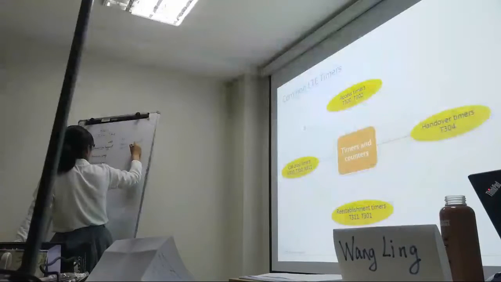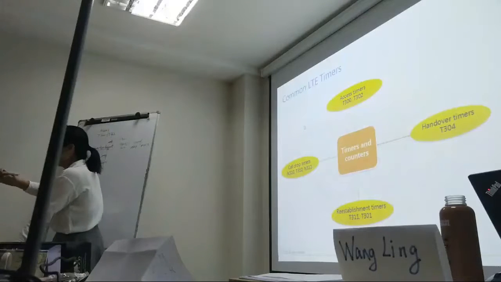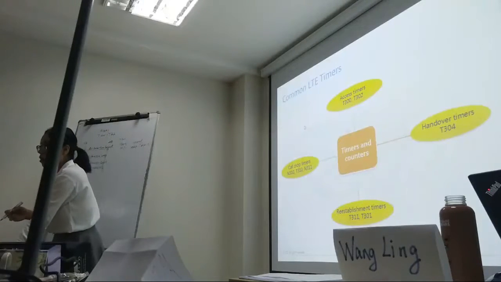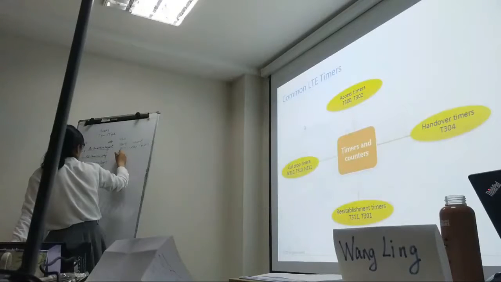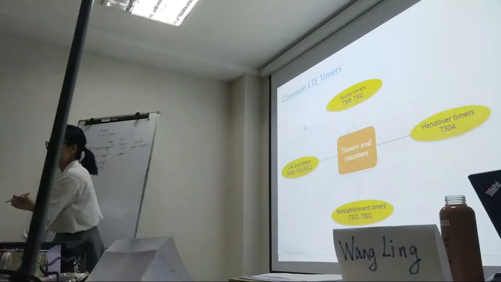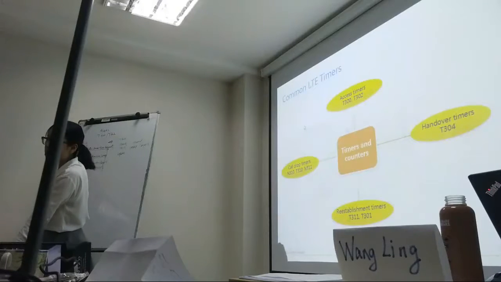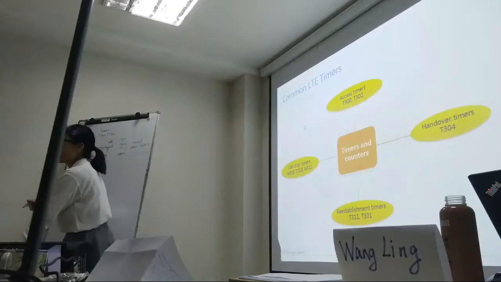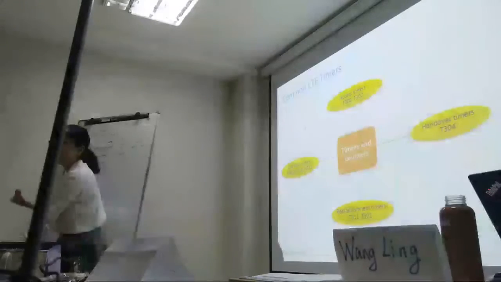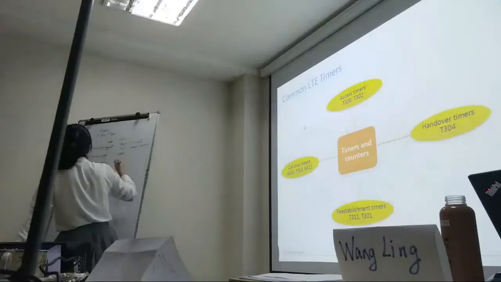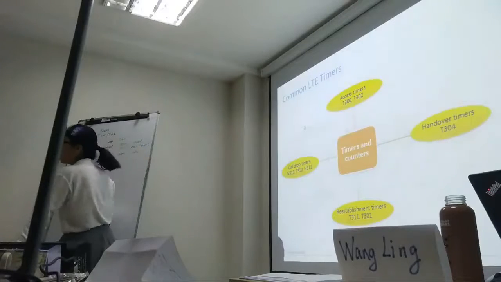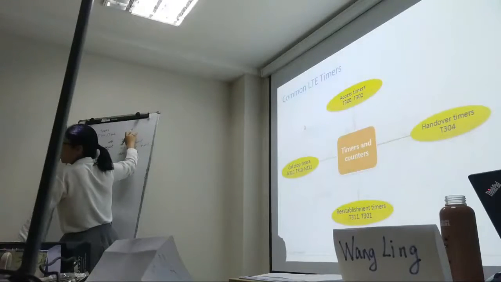It can receive setup or reject; if it receives something, I will stop. But if this timer expires, that means during this timer I cannot receive anything. Okay, let's go to idle state. The RRC connection has failed. This is T300.